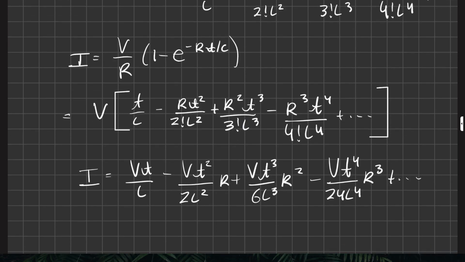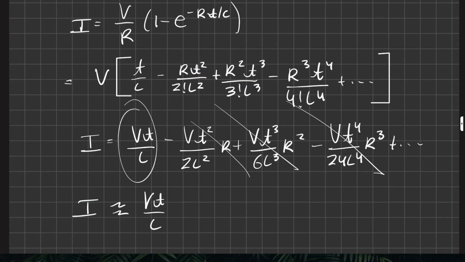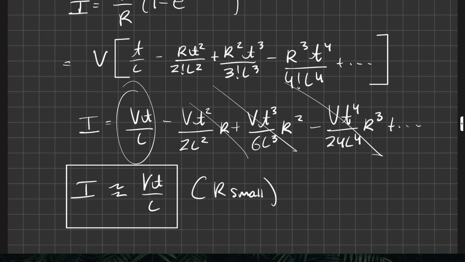Now at R equals 0, all of these terms with R in them go away. So all we're left with is that I is approximately Vt over L. For R, we should specify R small.